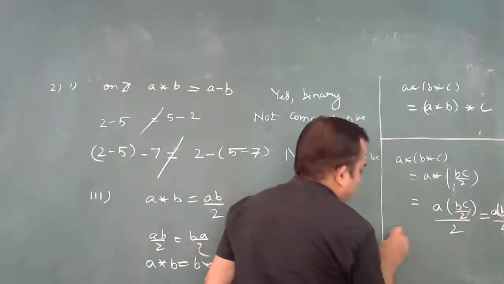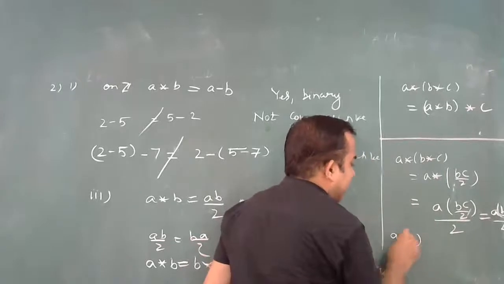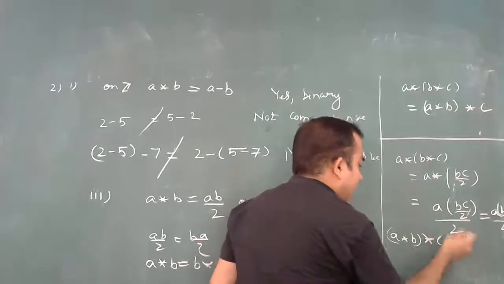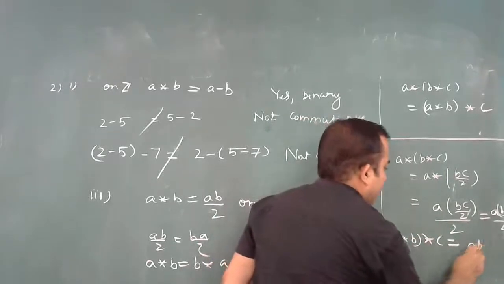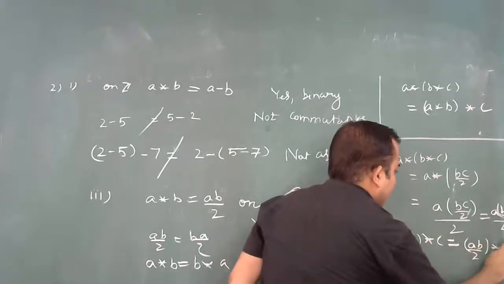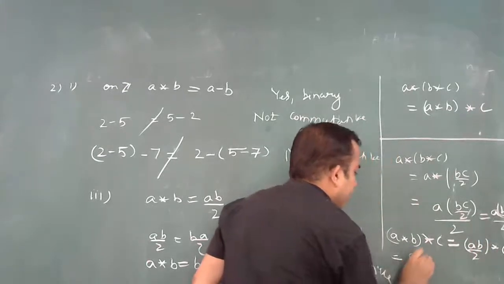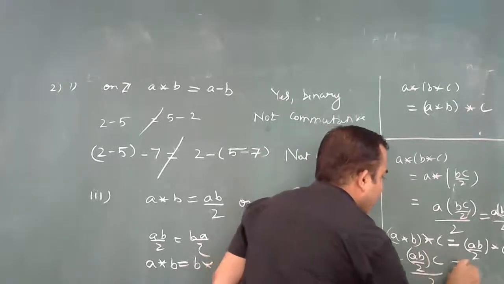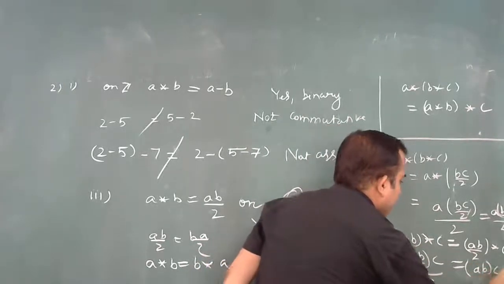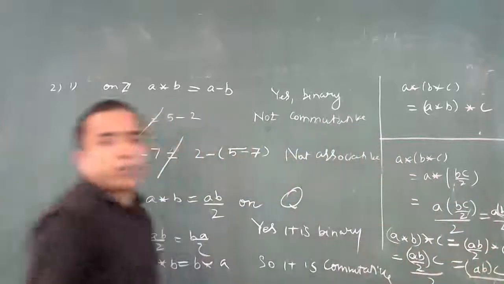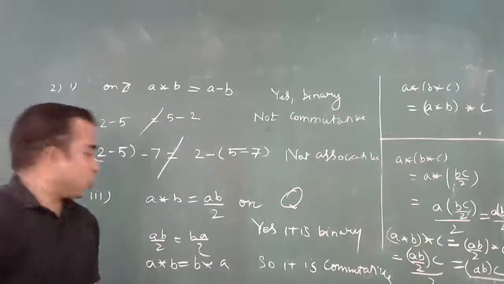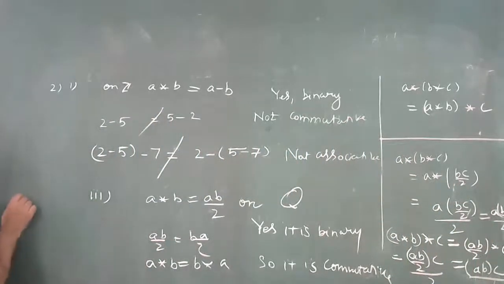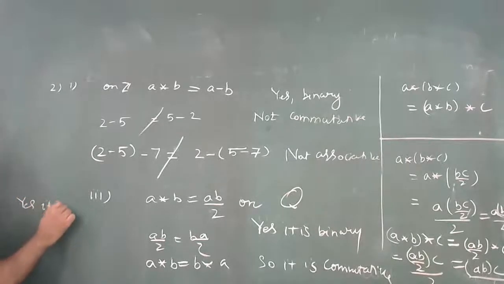And if you find A star B star C the other way, that also will come the same. It will be AB by 2 star C, and this will be AB by 2 into C whole by 2, which is ABC whole upon 4, and they both will be equal. So yes, it is associative.